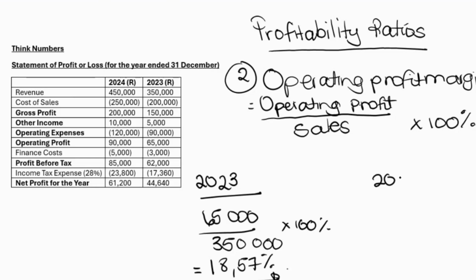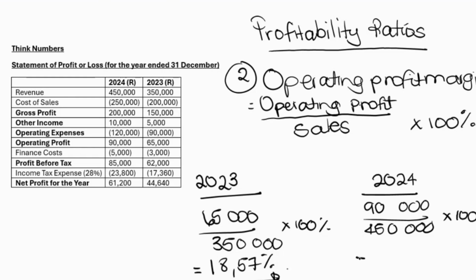Then we do the same for 2024, where operating profit for 2024 was given to us at 90,000. Divide that by 450,000, multiplied by 100%, to give us an operating profit margin of 20%, which once again has increased, which is what we want.